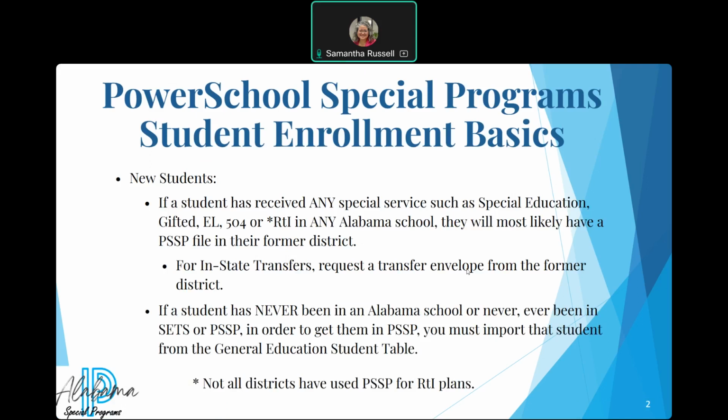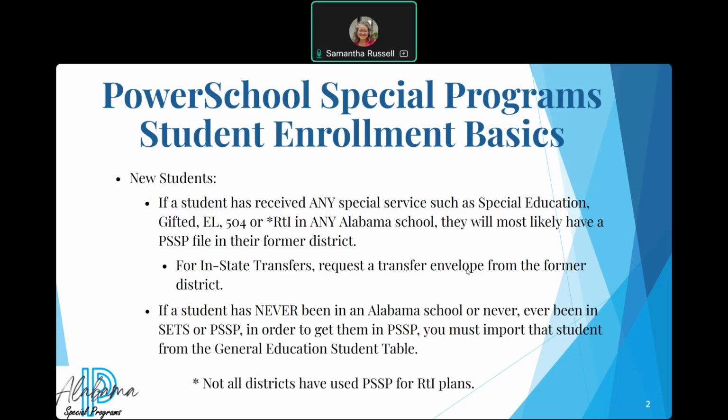Now, after that part has been completed and any provisional enrollments have been cleared, if a student has received the service, whether it's EL, 504, or special ed, or possibly RTI, in any Alabama district, anywhere in the state, a request for a transfer envelope to bring in their information must be made.